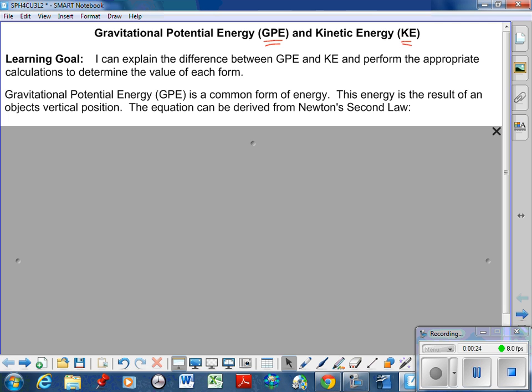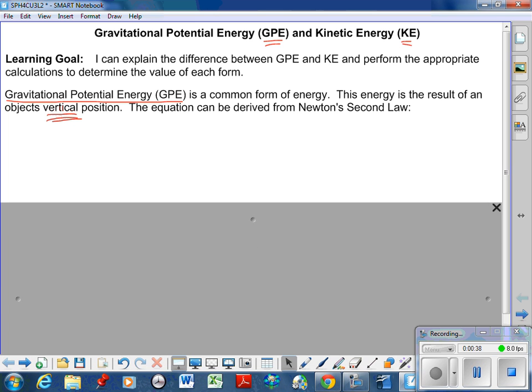So gravitational potential energy, or GPE, is a common form of energy. This energy is a result of an object's vertical position. All right, and the equation is derived from Newton's second law. So I'll quickly show you where the equation comes from. So we know that we are calculating gravitational energy, Eg.